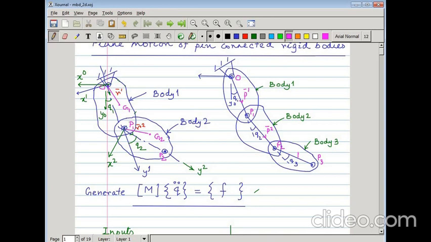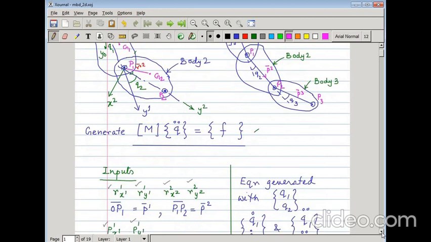So this is the convention which we are using. And all the vectors will have components along the coordinate directions. Suppose you take this R1, it can have components along x1 and y1, as well as components along x0 and y0.